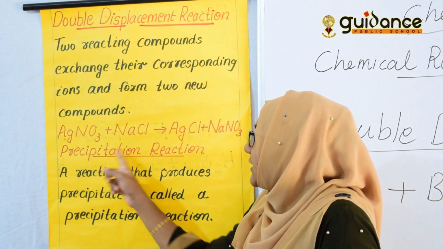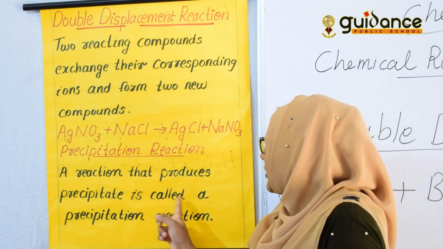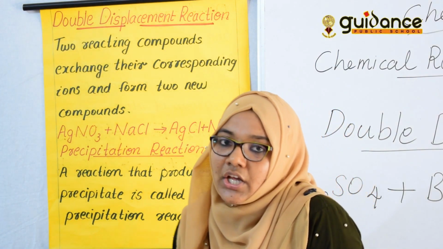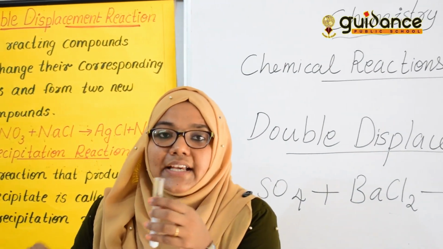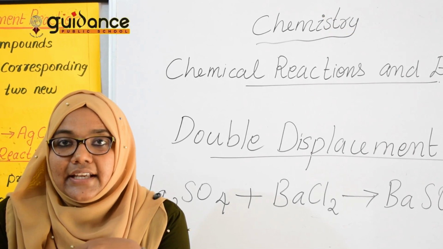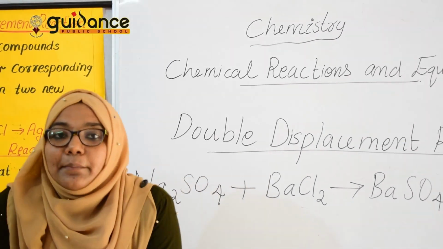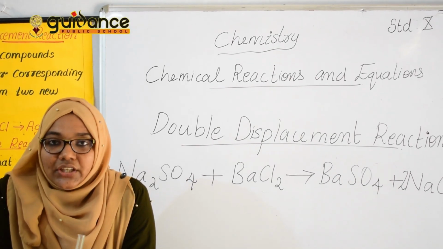And what is a precipitation reaction? A reaction that produces a precipitate. So the reaction between sodium sulfate and barium chloride is an example for both double displacement and precipitation reaction.